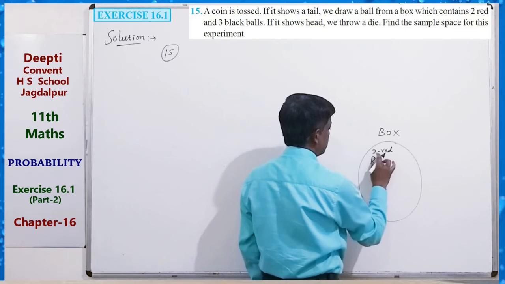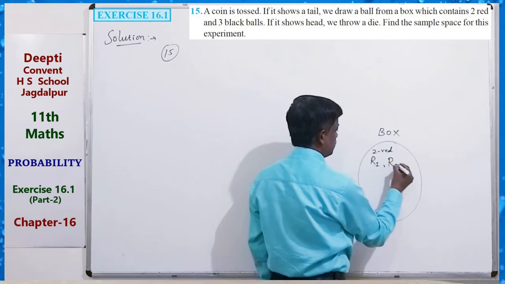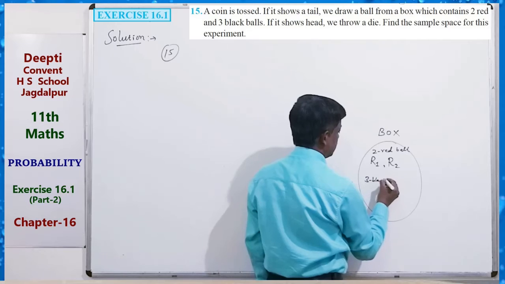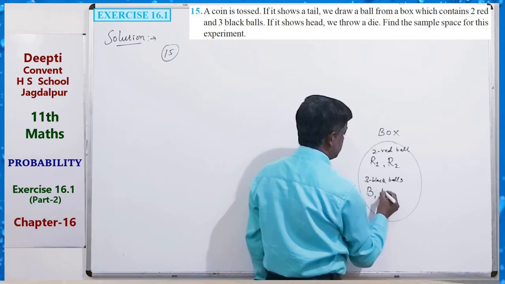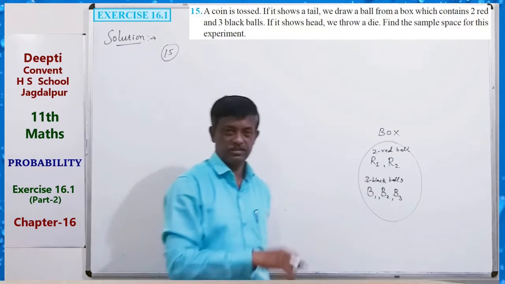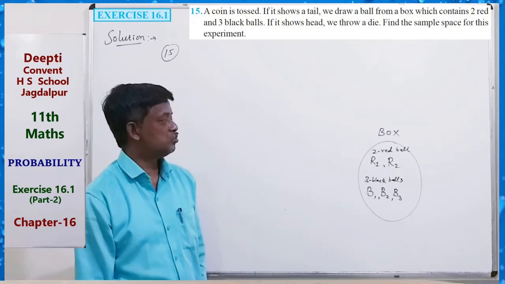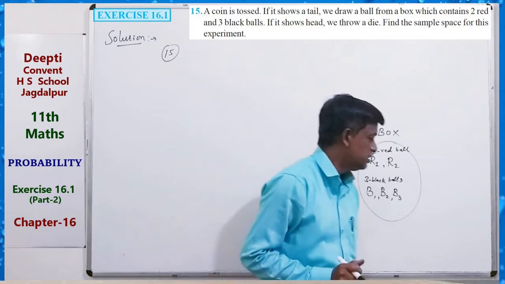We can write the red balls as R1 and R2, and the 3 black balls as B1, B2, B3. Just write it in detail: the box has these 2 red balls and 3 black balls.